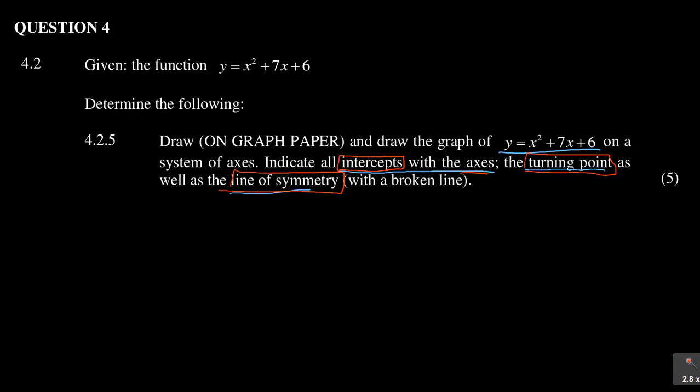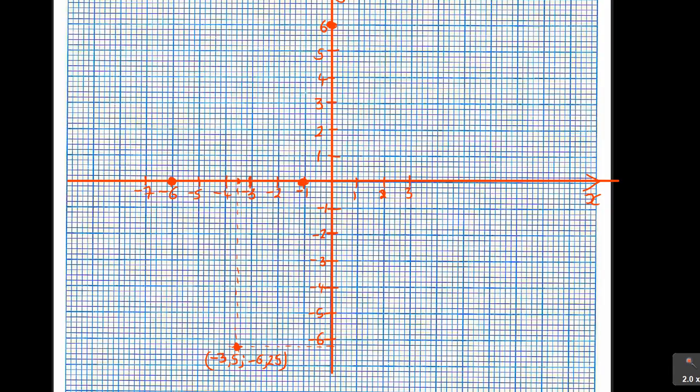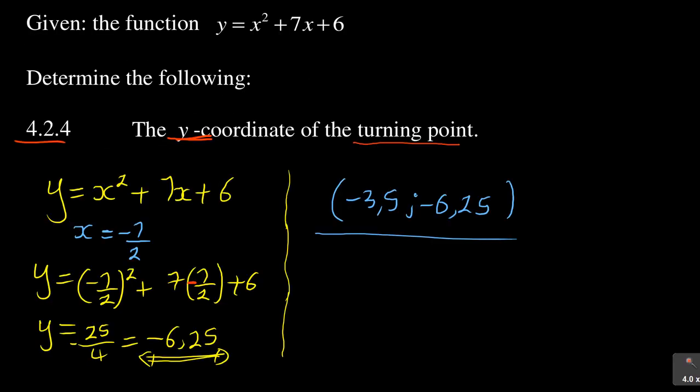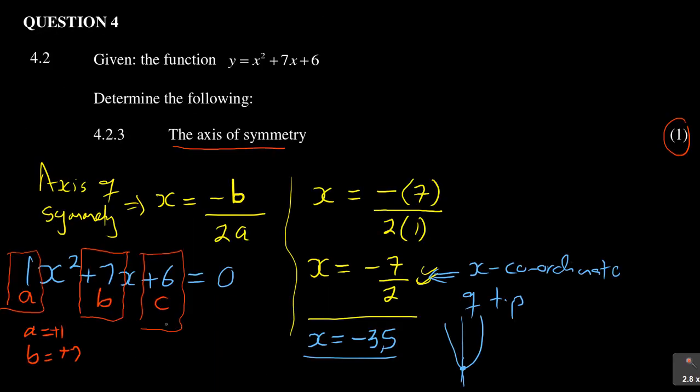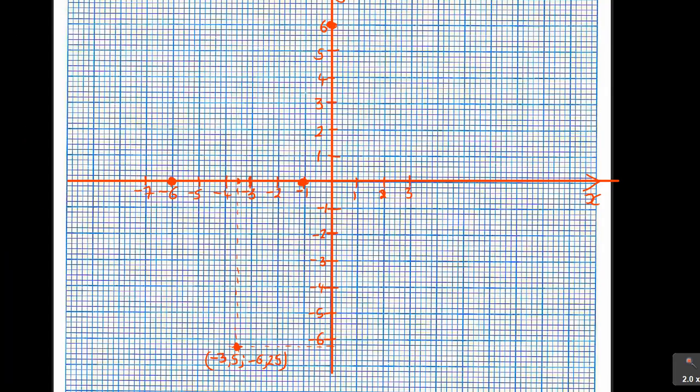So now if you do that, remember the line of symmetry, we did find it and said the axis of symmetry, x is equal to -3,5. So you come here, they say indicate with a broken line. In this case it is this line where x is equal to -3,5. Actually it is that part.